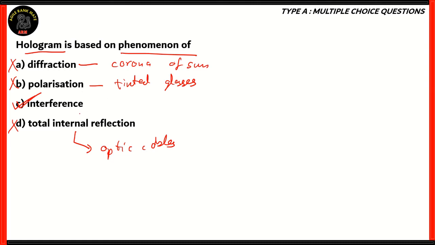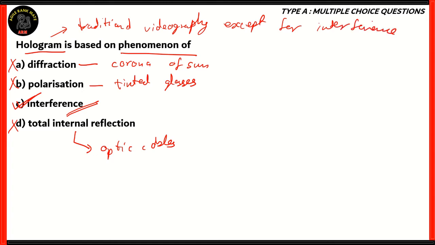The right answer is option C, interference. So a hologram is taken using traditional videography, except for interference.